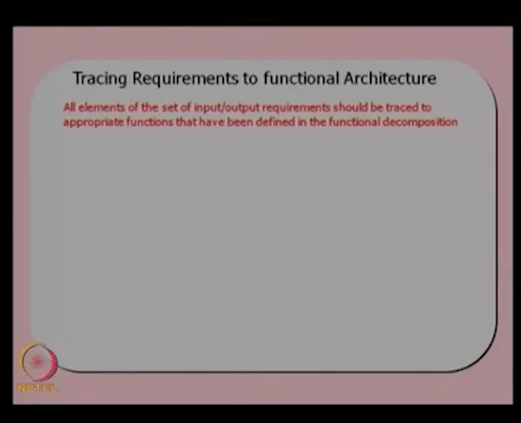When we have these input output requirements, we need to find out which function satisfies a particular requirement, or which functions can be used for satisfying it. That can be obtained using the functional architecture, to find out the relationship between the requirements and the functions provided in the system.